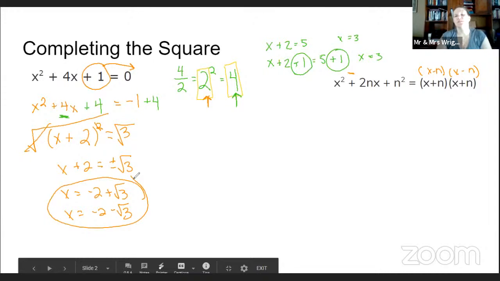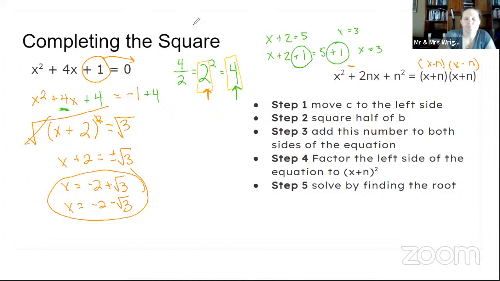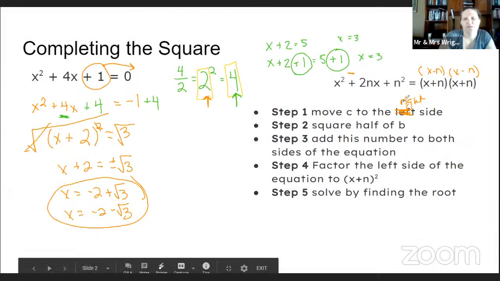If you'd like to find your approximate answers, you can plug them into your calculator and round to the nearest tenth. So I've got the steps written out for us here. Step 1, the first thing we did is move the constant, the c term, from the left to the right. Then step 2, we squared half of b, so we divided it in half and then we squared it.